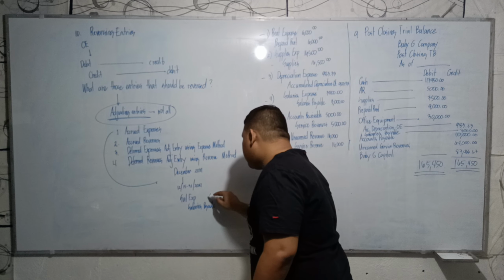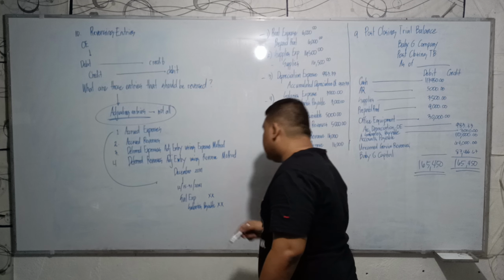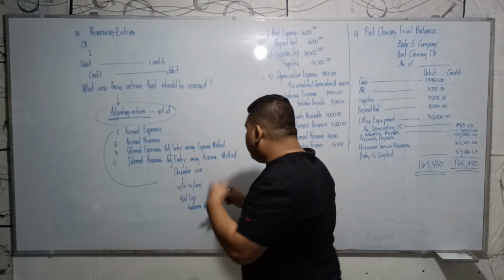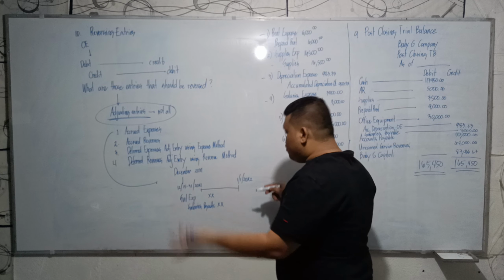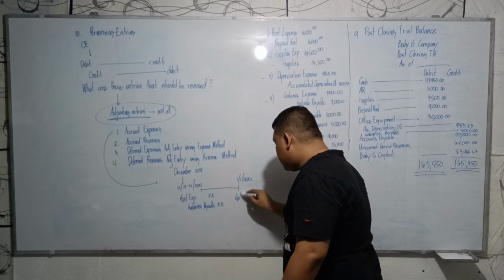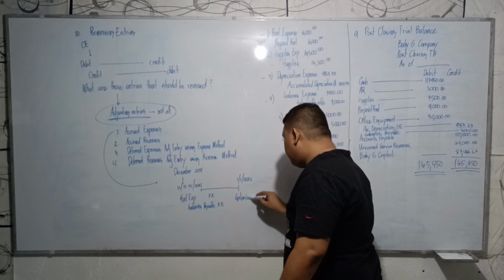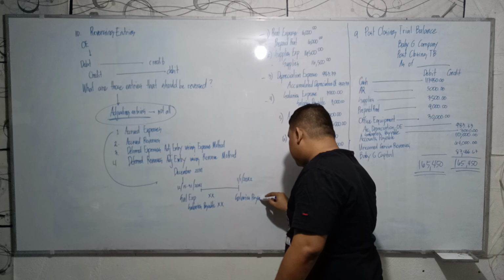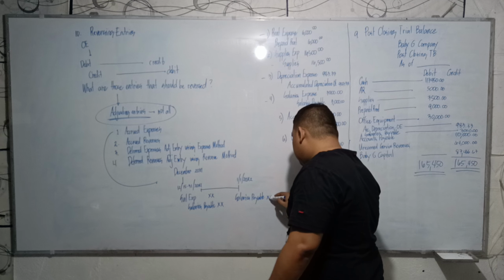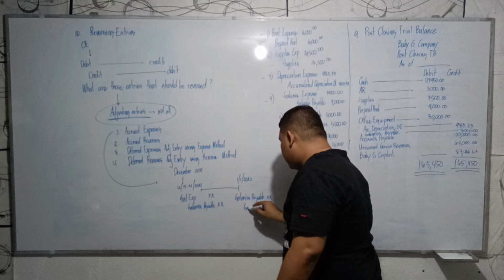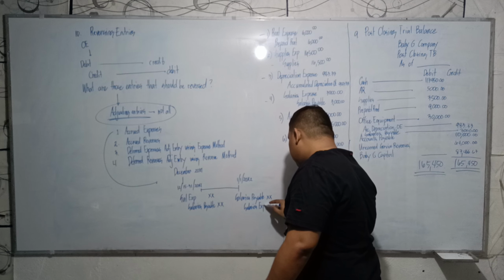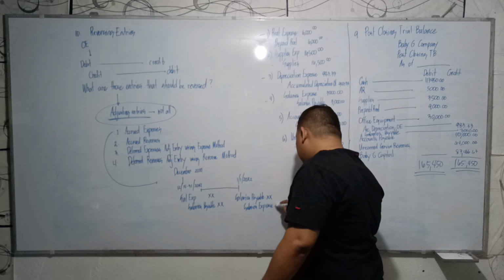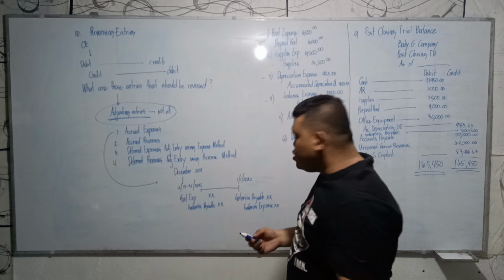That's your entry. Now, at the very beginning of the next year, which is 1/1/20x2, you have to reverse it. So salaries payable, and then salaries expense. That's it. That's how you reverse.